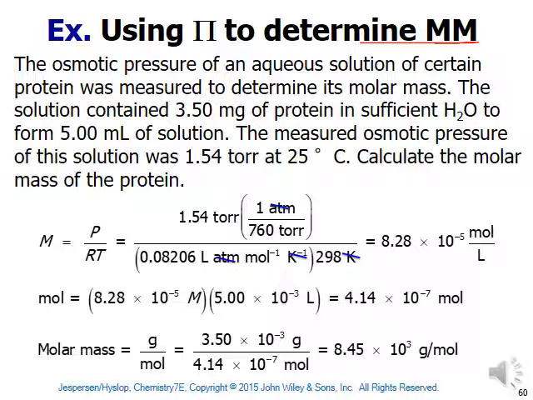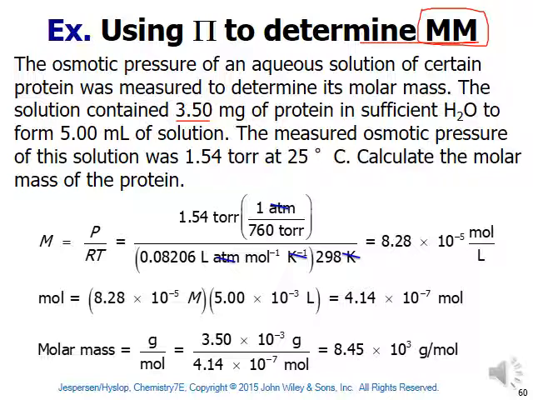Knowing the molar mass of a protein is really important, and it's hard to do. You just can't take it out and weigh it, so this is a cool technique to do it. You could use freezing point depression as well, or boiling point elevation. But here's another way of doing it.